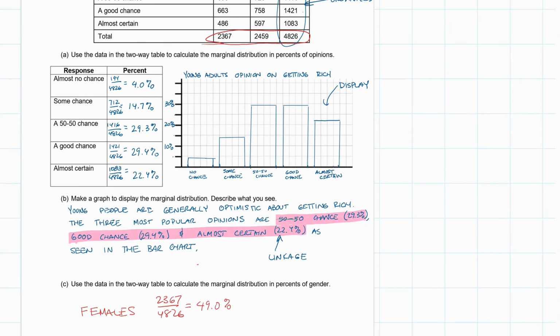It's about 49%. And the males make up 2459 of the respondents. And as you would guess, that makes up 51% of that data set. And there's that marginal distribution.